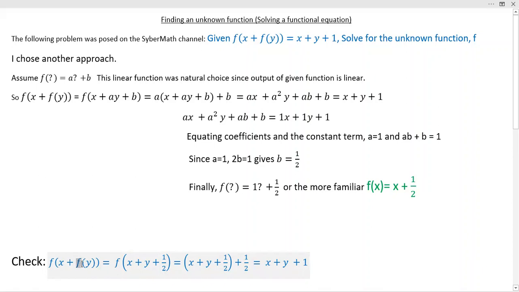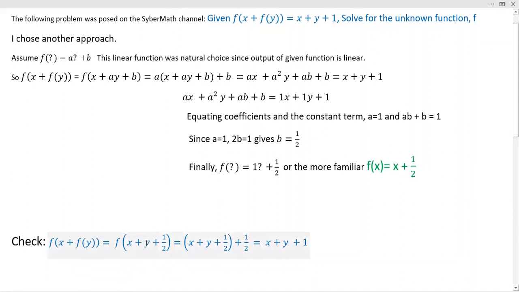Again, f at y right here, that's your f at y. But this part that I've highlighted here is your f at y. But notice now that is your new input. x plus y plus 1/2 becomes your new input.